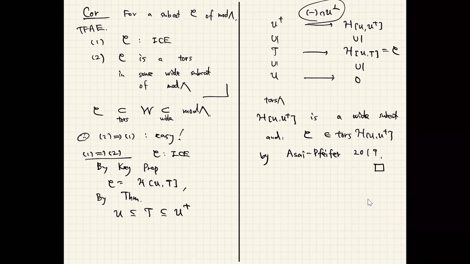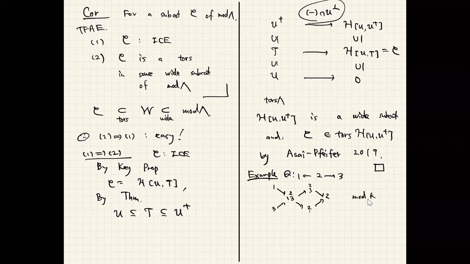So before that, I will give an example. Consider this path algebra case. Then the module category looks like this, and this is the whole module category.